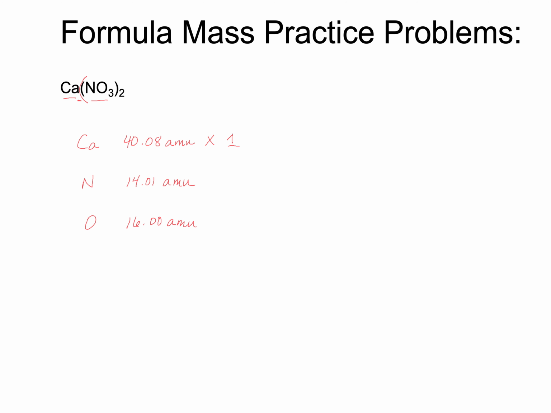And since you have this parentheses here and a subscripted number outside of that parentheses, essentially what you do is you take that number and multiply it times the subscript that is inside the parentheses behind each element. So if it's 1 behind nitrogen, 1 times 2 tells you a total of 2. So we have 2 nitrogens. And for oxygen, it is 2 times 3. That's a total of 6.